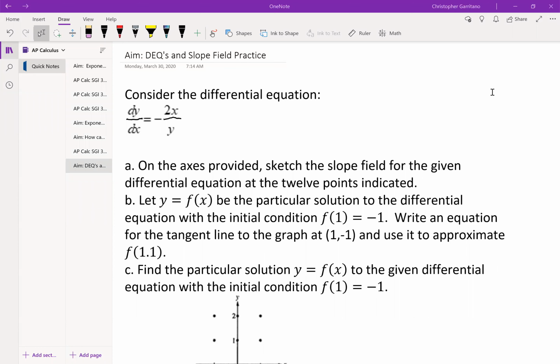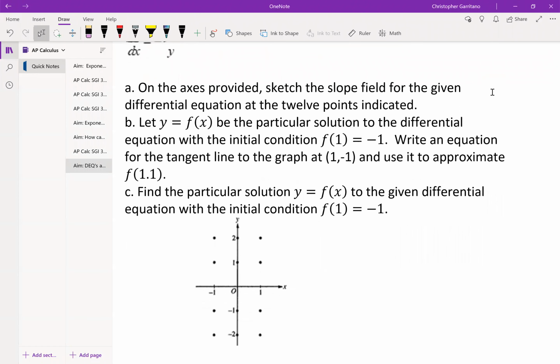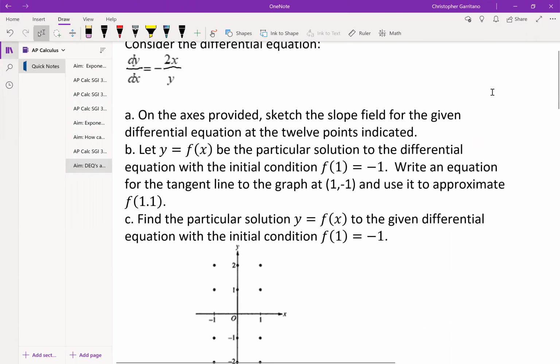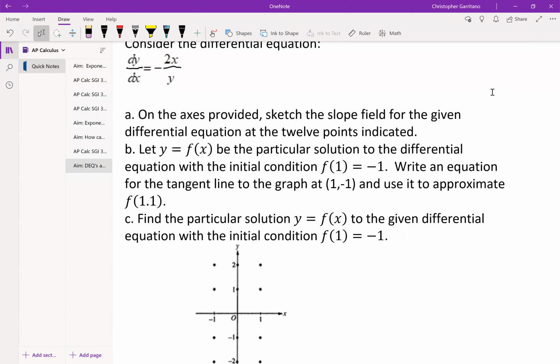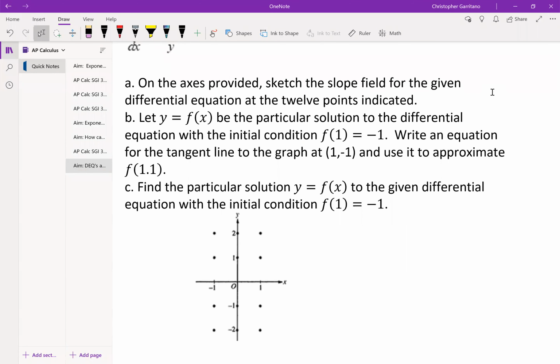So we're given a differential equation and we are provided with some axes, and we're told a set of points that we want to draw the slope field for. So part A, we're going to go ahead and draw the slope field. Actually, I'm just going to show you an example of about 6 points, and for the rest of the points, the process is exactly the same.